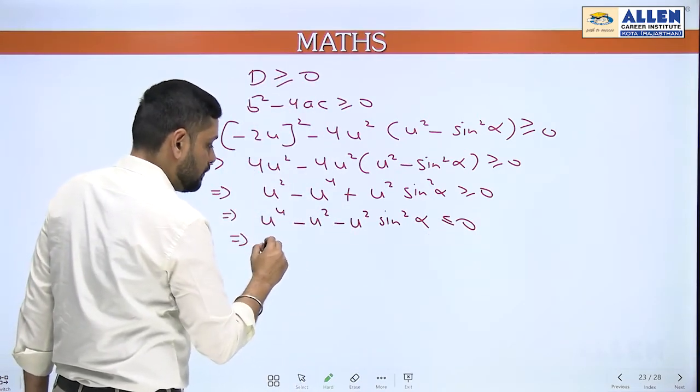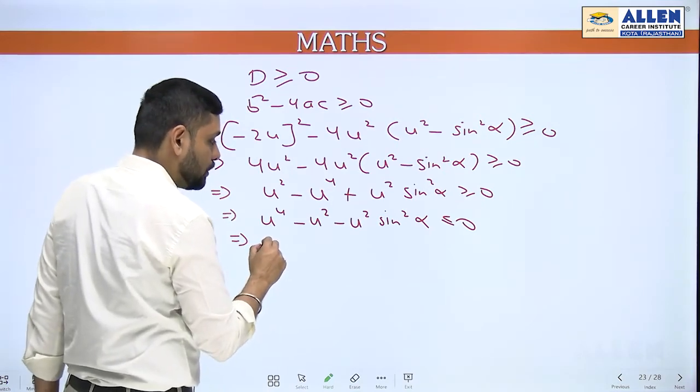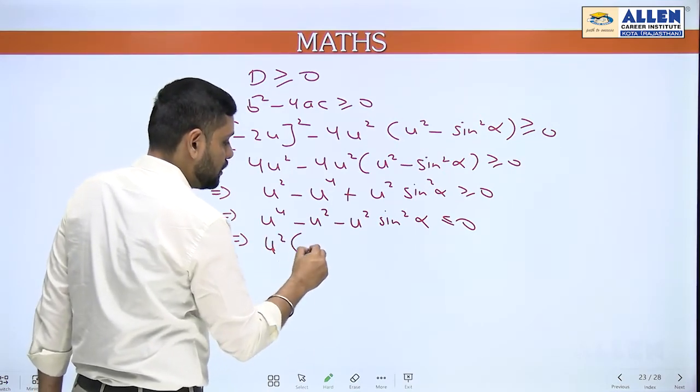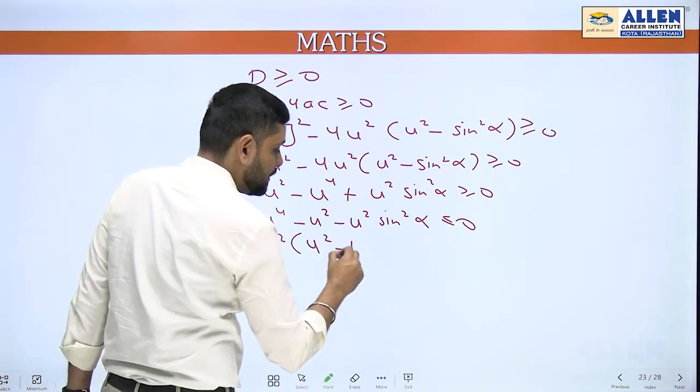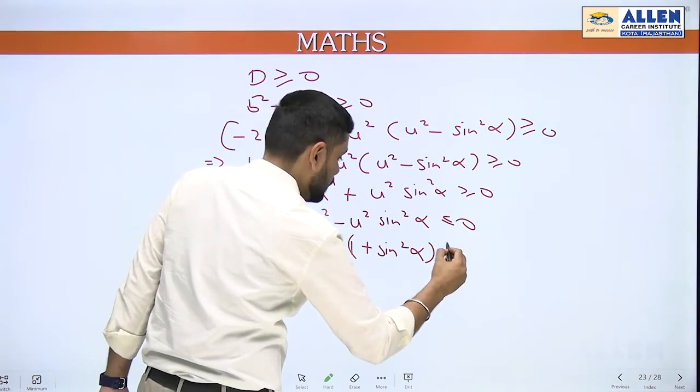Now we will take the common part. If we take u square common, we will get u square into u square minus 1 plus sin square alpha less than equal to 0.